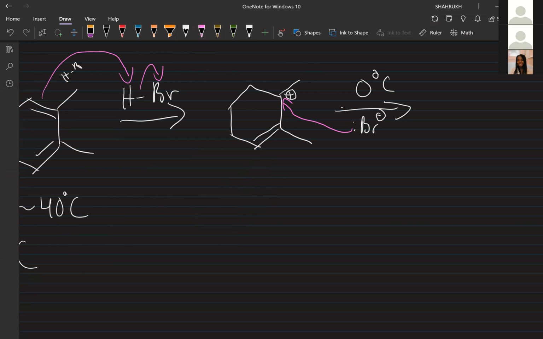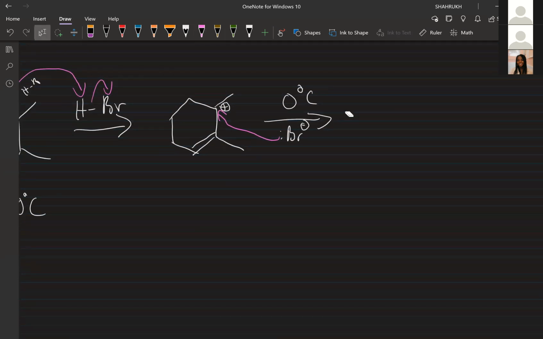So this goes forward at 0 degrees Celsius, and then you get your first product. Is this the 1,2 or the 1,4 adduct? The type of addition it was.